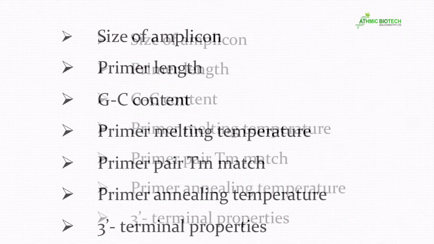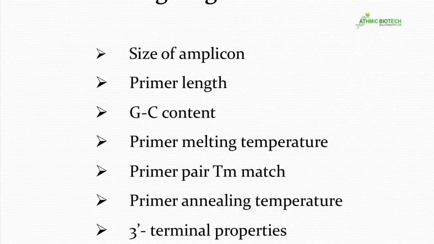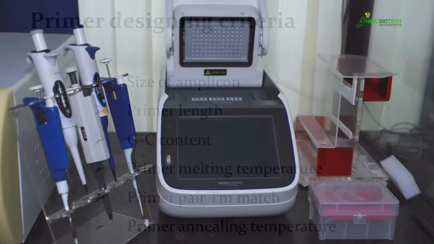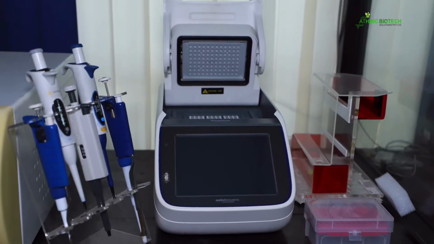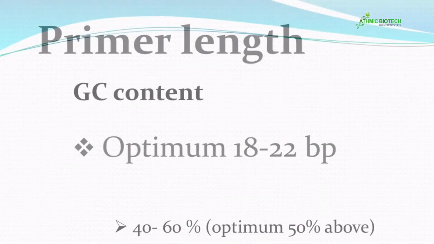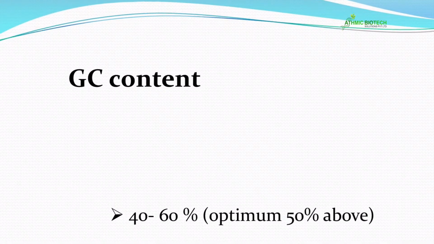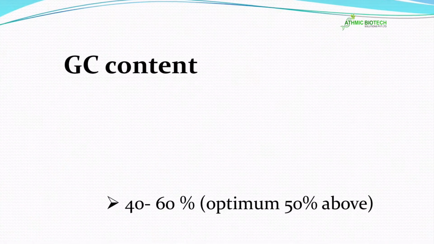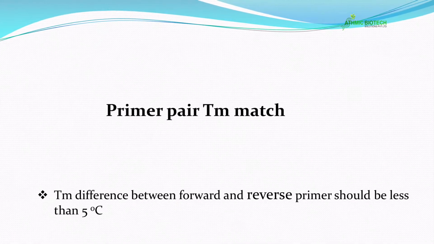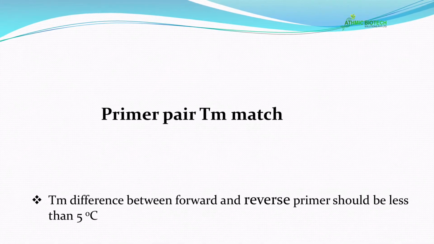If you are using a high fidelity polymerase instead of Taq polymerase, you can increase the amplicon length. And primer length, I have already told, around 20 bases is optimal. GC content usually should be above 50%. And the difference between primer melting temperatures should be within 3 to 5 degrees Celsius.